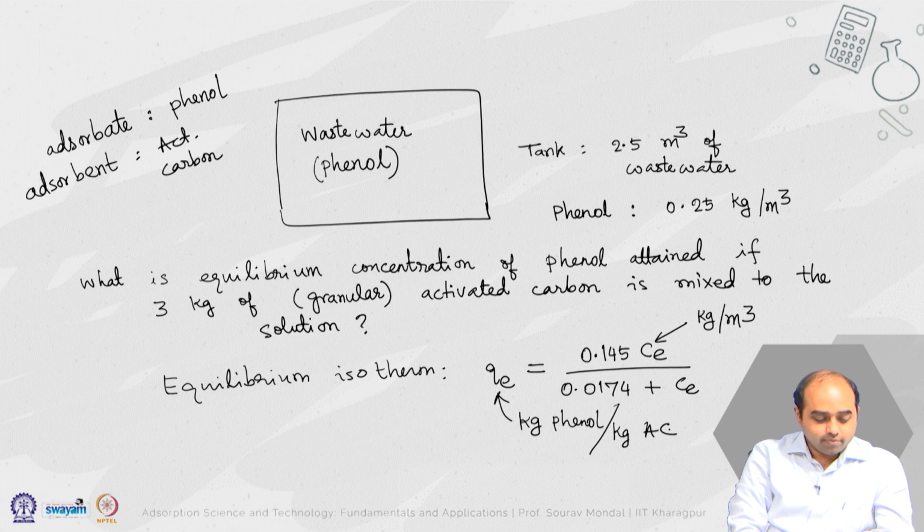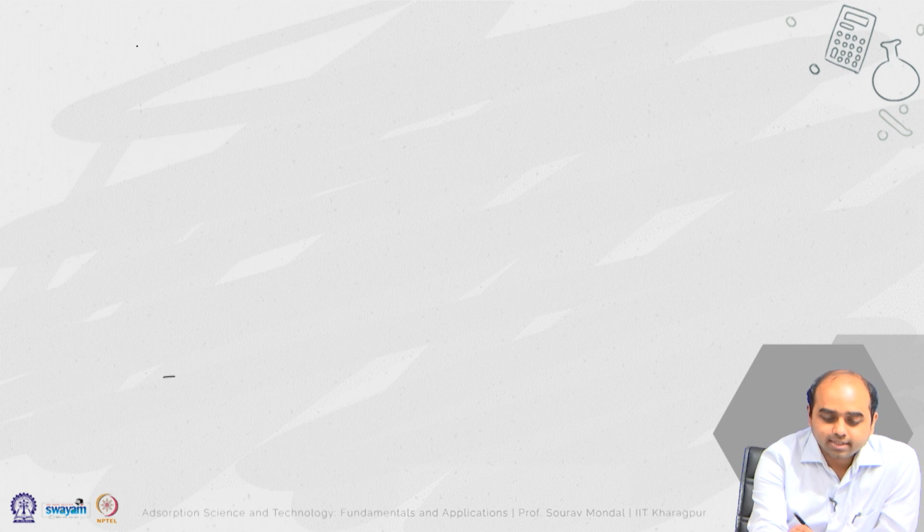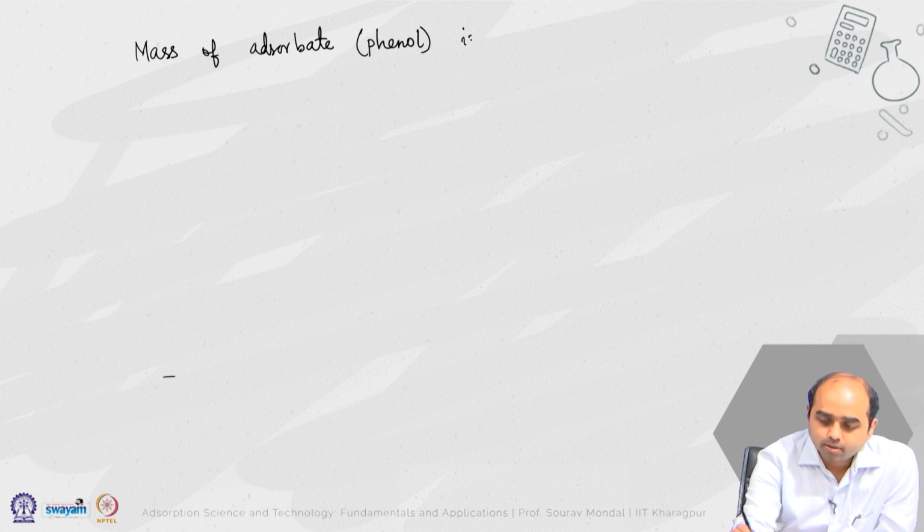So to solve this problem, we need to take help of the mass conservation of phenol. The idea is something like this: the mass of phenol is conserved, I mean before and after adsorption.